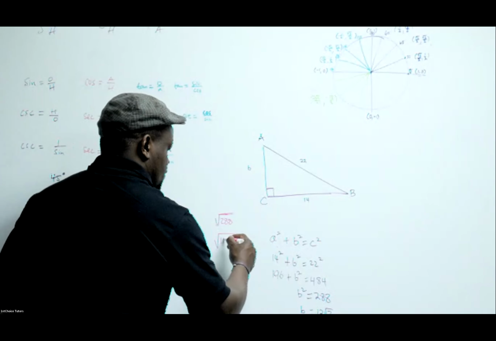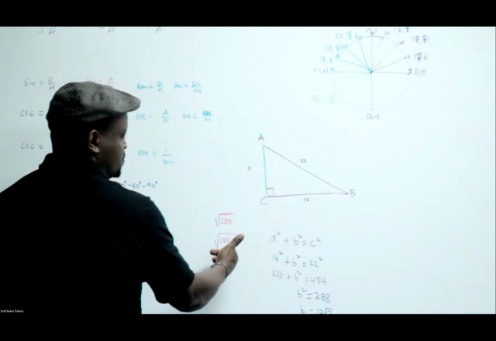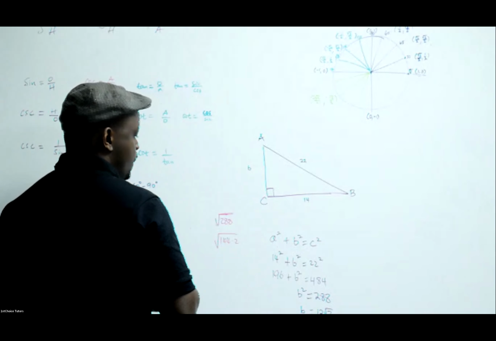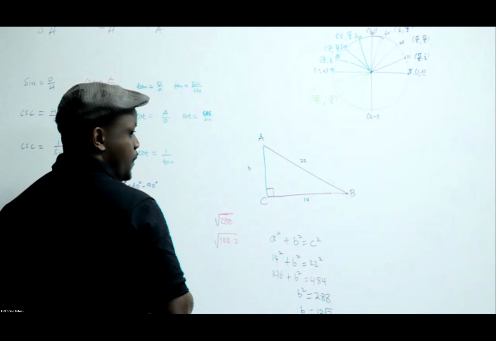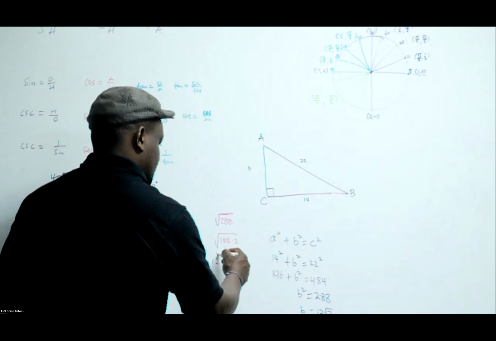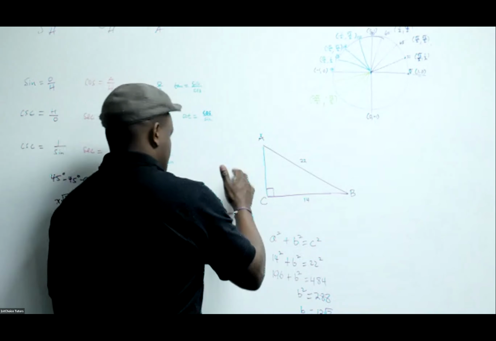Those numbers are 144 times 2. What's the square root of 144? 12. So that's how I got the 12, because the 12 goes out, root 2. So we now know this is 12 root 2.